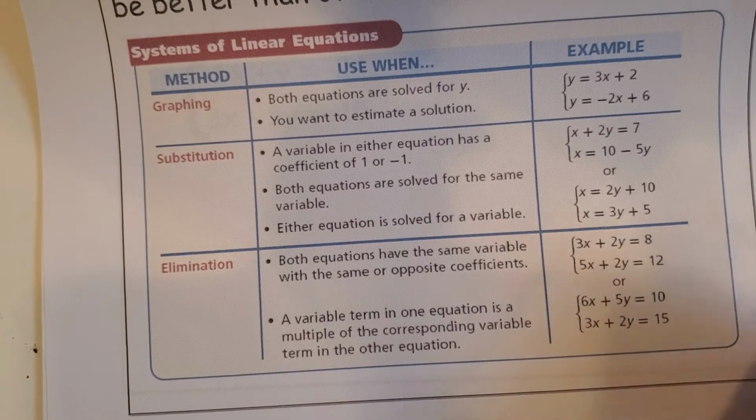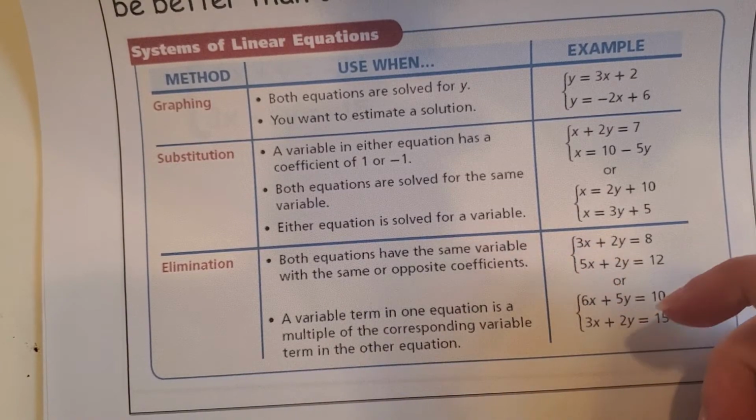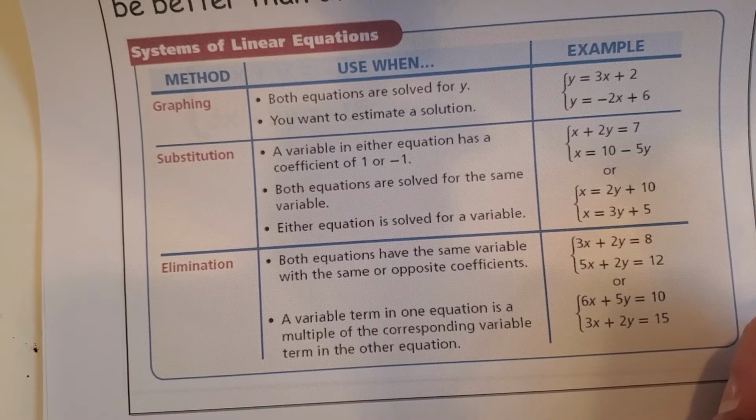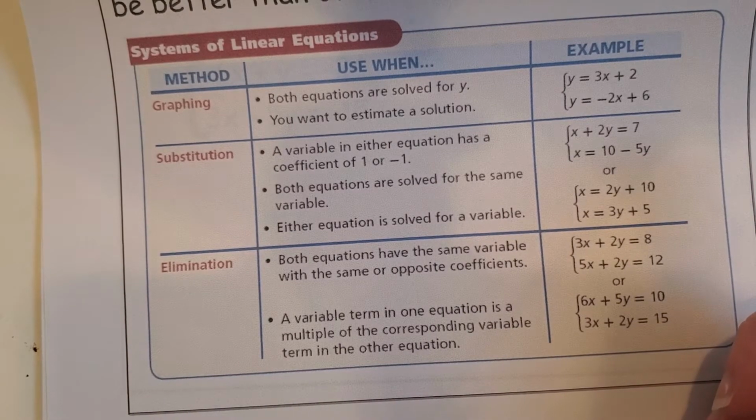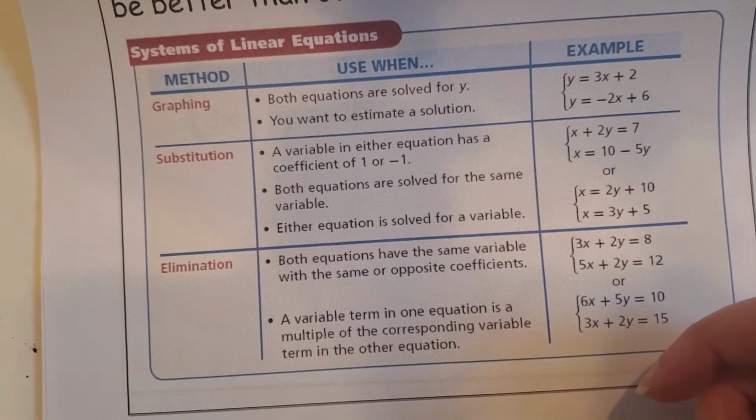Elimination, if you already have it lined up, where you have the 2y and the 2y, or 2y and the -2y, would be a situation where it would just be easier to add up your equations, cancel things out, and solve by elimination.